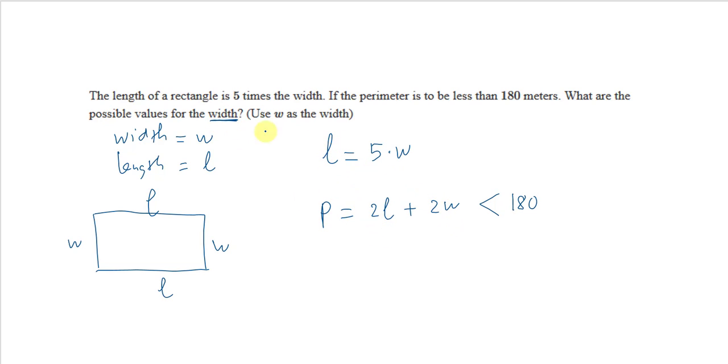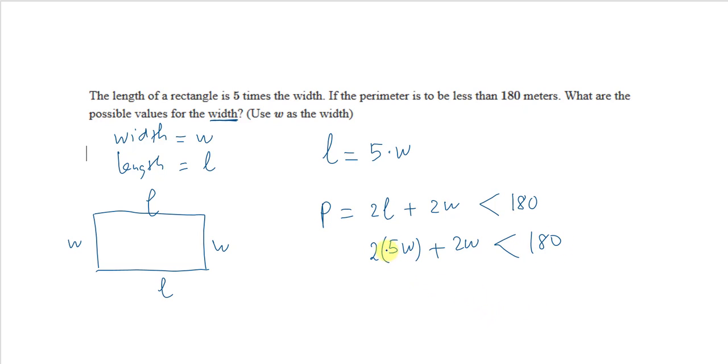From the first statement, L is equal to 5 times W. So I can substitute for L: anywhere I see L, that becomes 5W, plus 2W, and that must be less than 180.